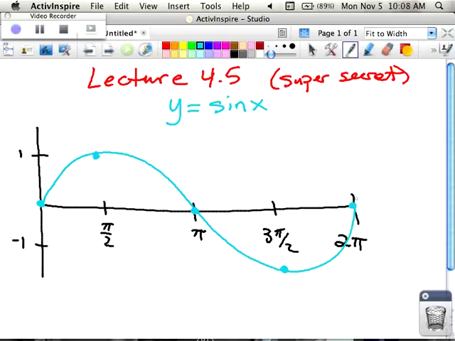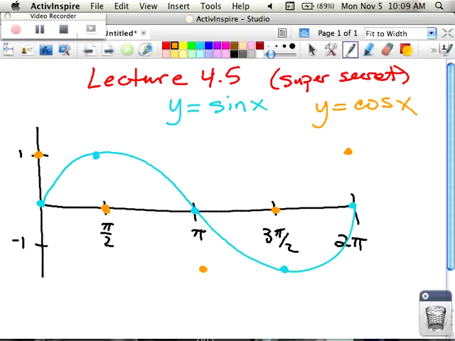Second, I want to show you what the cosine graph looks like side by side. So y equals the cosine of x. There are also 5 critical values between 0 and 2 pi. 1, 2, 3, 4, 5.